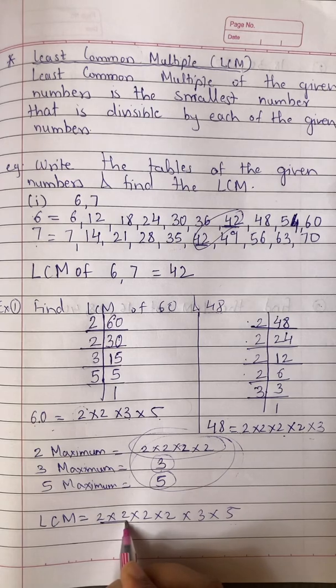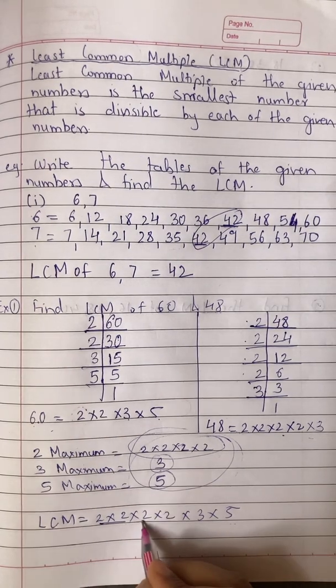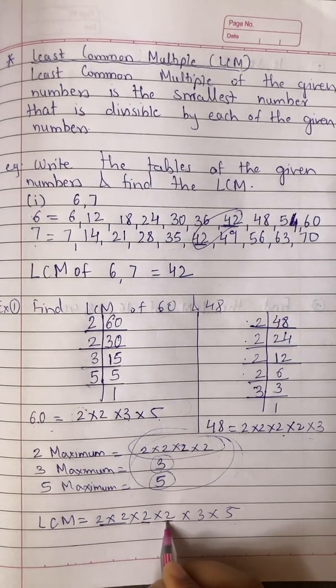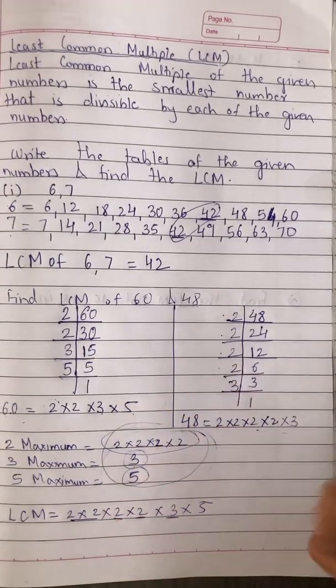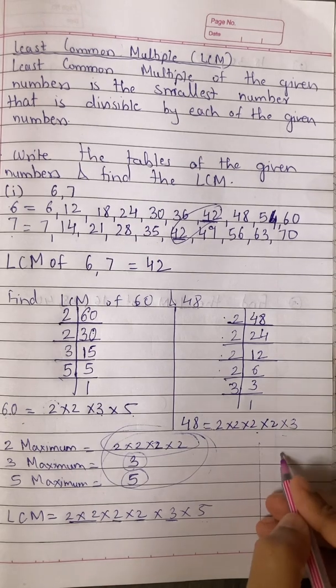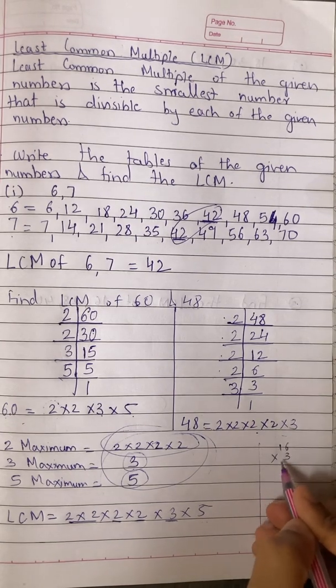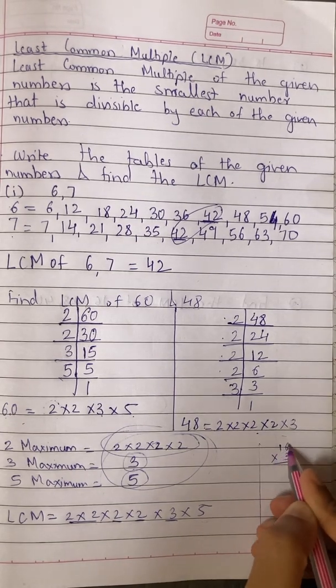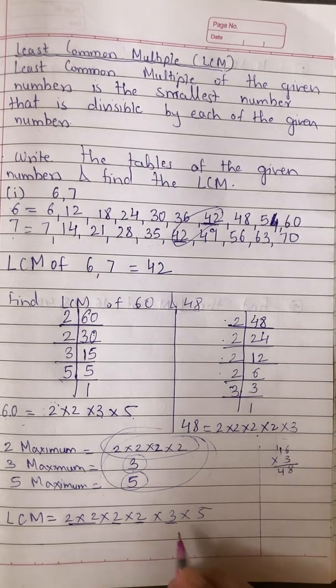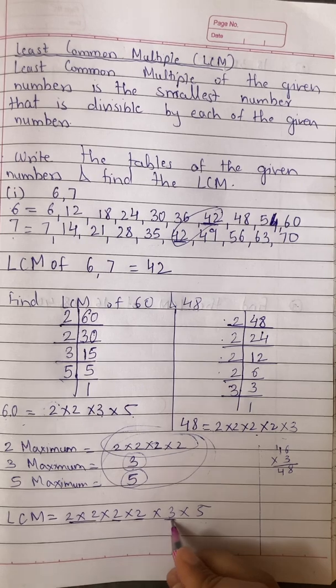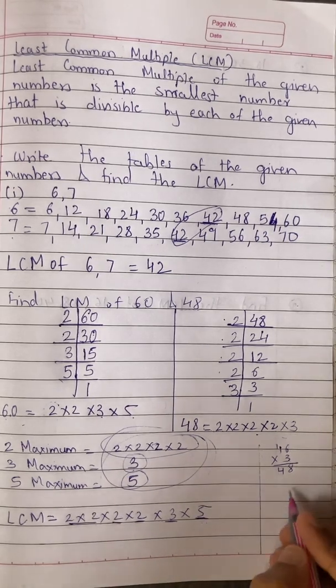So what is 2 2s? 2 2s are 4, then 4 2s are 8, 8 2s are 16. Now 16 3s are, if you know the table by heart, then it is well and good. So I'll solve over here so that we don't make a mistake. 6 3s are 18, 1 carry, 3 1s are 3, 4. So 16 3s are 48.